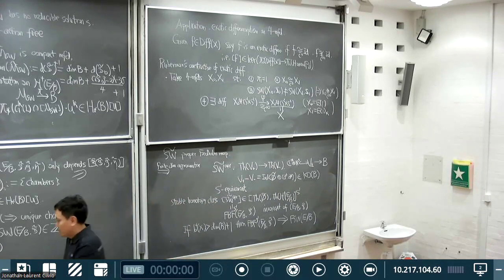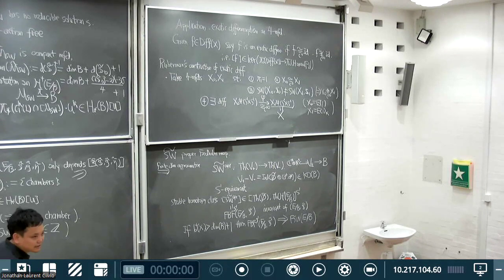For example, the Bauer-Furuta invariant of CP2 blown up some times is always trivial for a trivial reason, but the Seiberg-Witten invariant is not trivial. That allows us to detect exotic CP2 blown up 2 times, 3 times, or 6. It's actually because b plus equals 1.